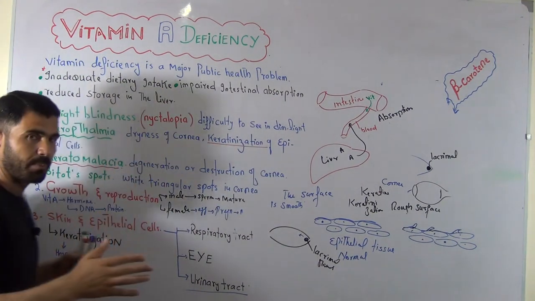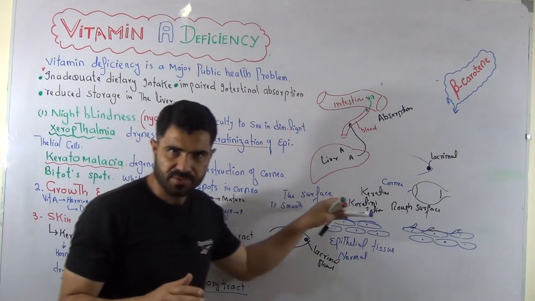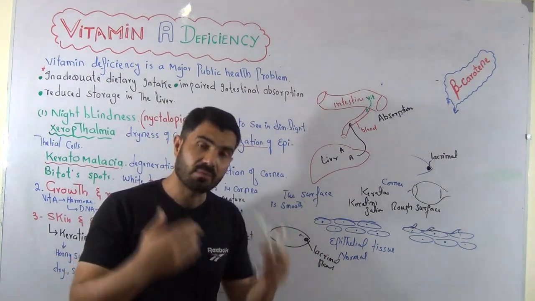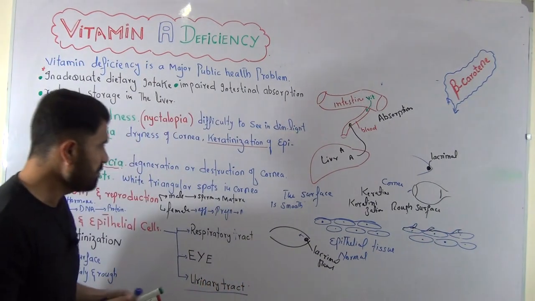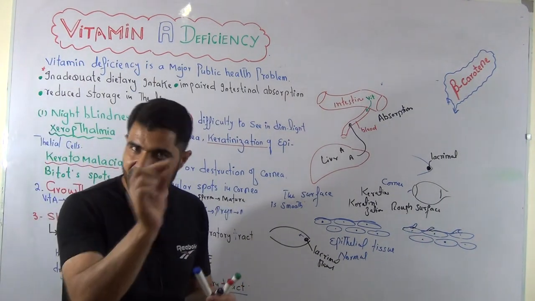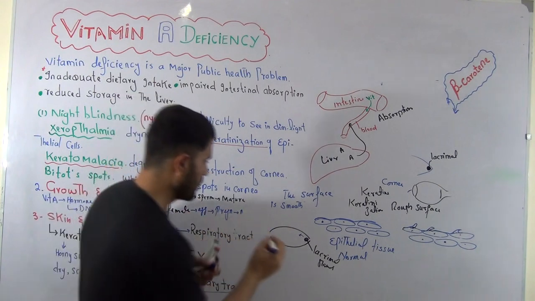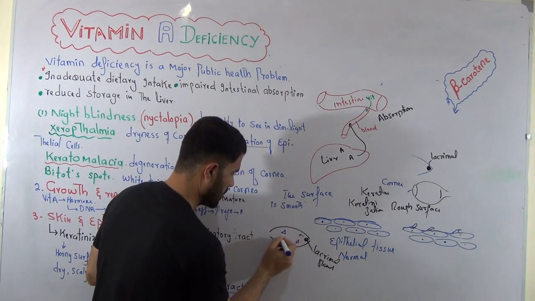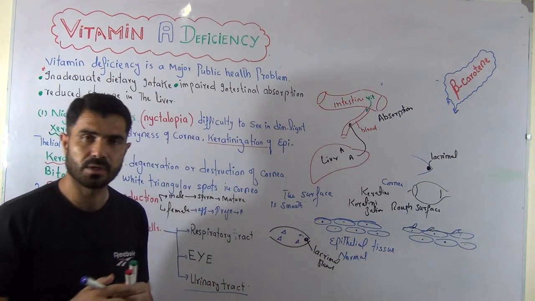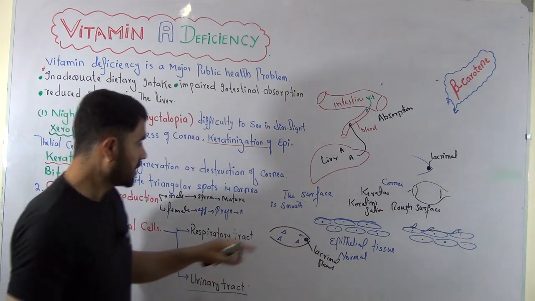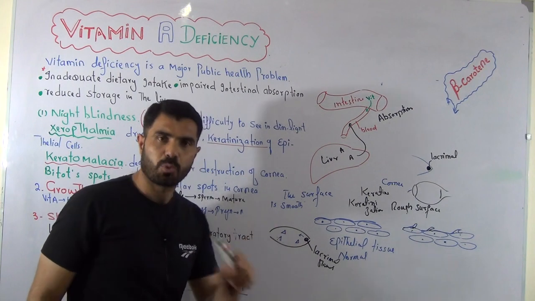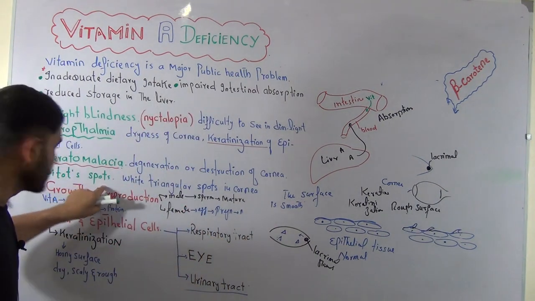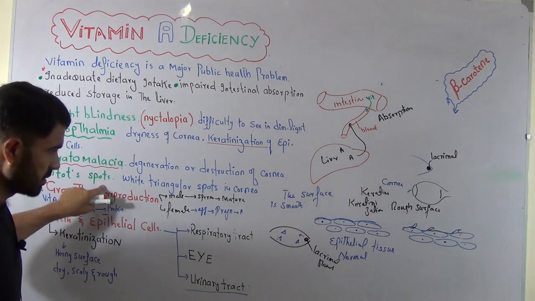Then keratomalacia. If the condition persists, meaning if the dryness persists, then what will happen? Some triangular white spots will be produced in your eye. These white spots are called Bitot spots.